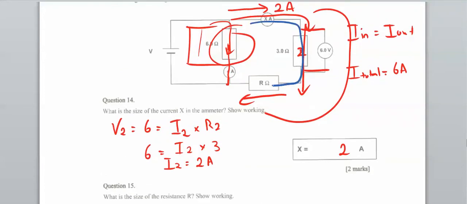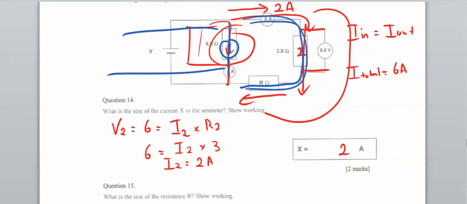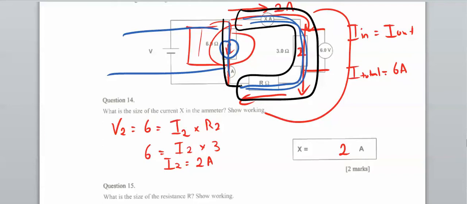These 2 resistors are in series, and they're in parallel with this. So the voltage across this section has to be equal to this section because they are in parallel.